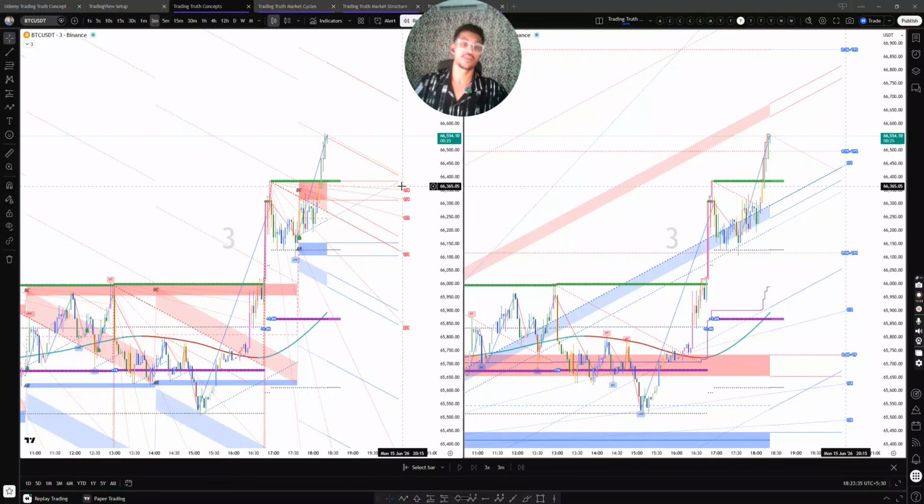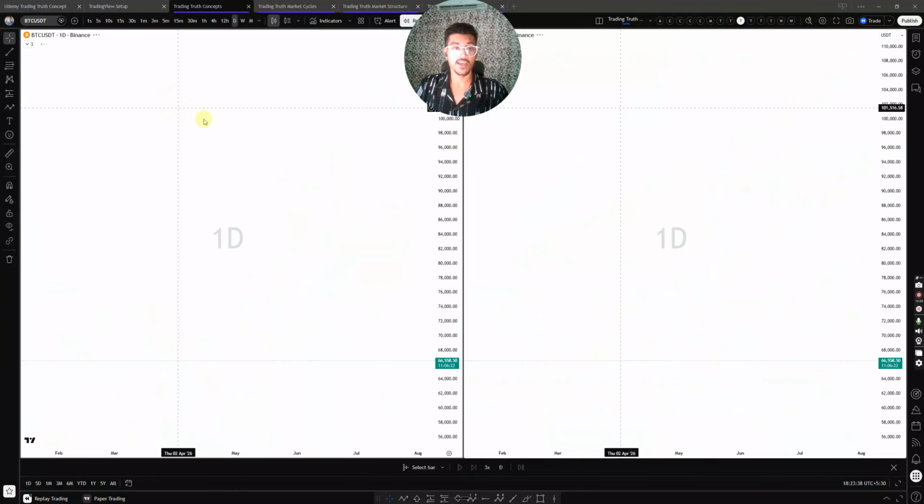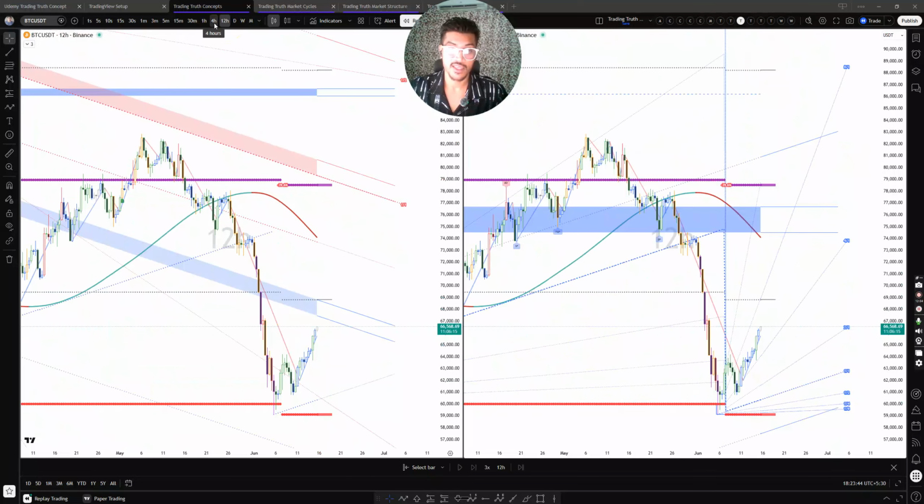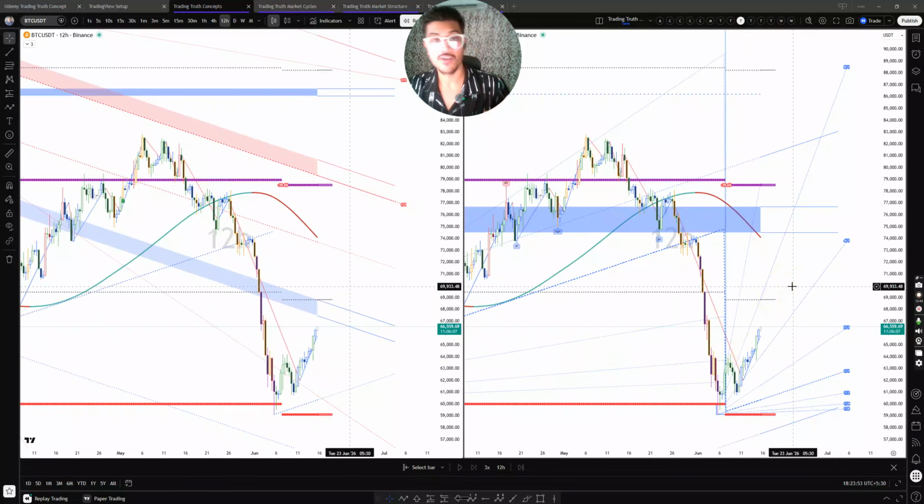So there you have it, guys. Bitcoin is going much higher, because it is above 4/1, and I think the target for this is gonna be $69,000.